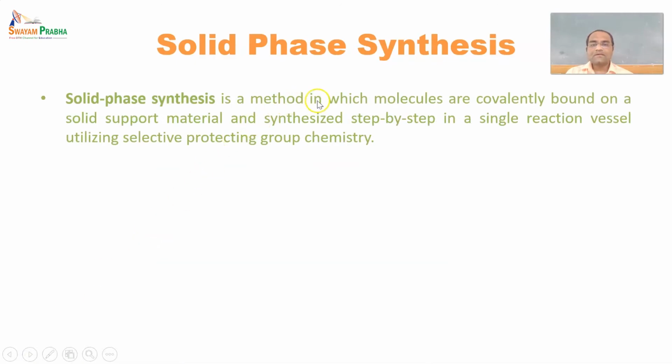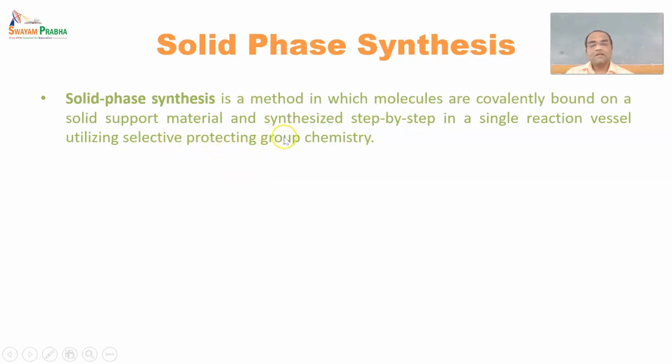Solid phase synthesis is a method in which molecules are covalently bound on solid support material and synthesized step by step in a single reaction vessel utilizing selective protecting group chemistry. So in solid phase synthesis, molecules have covalent bonding, not ionic bonding, on the solid support, and step by step the reaction is carried out in a single reaction vessel.